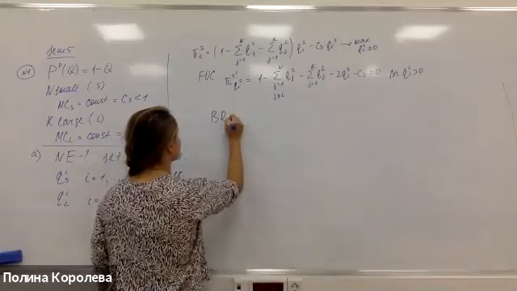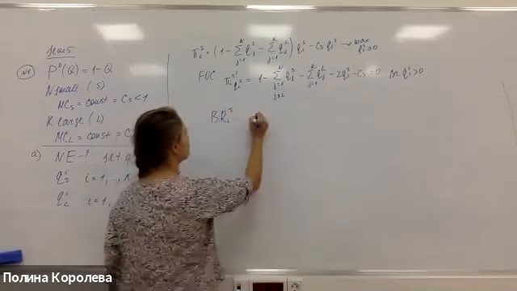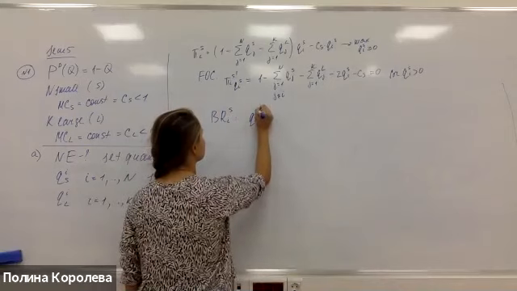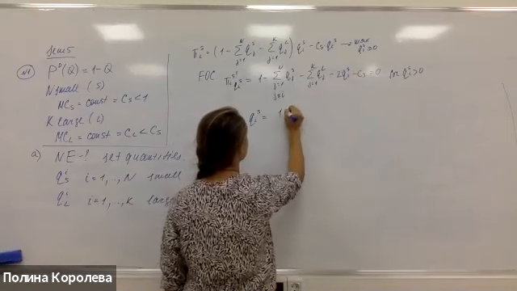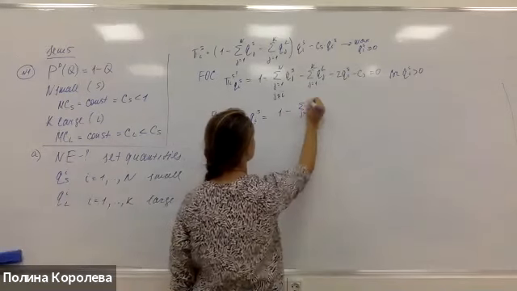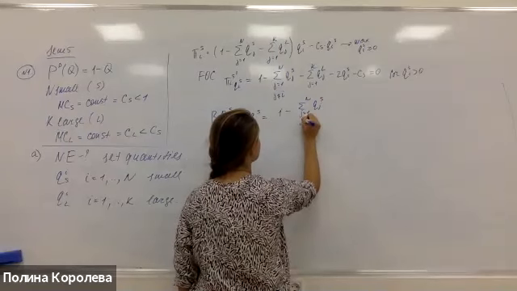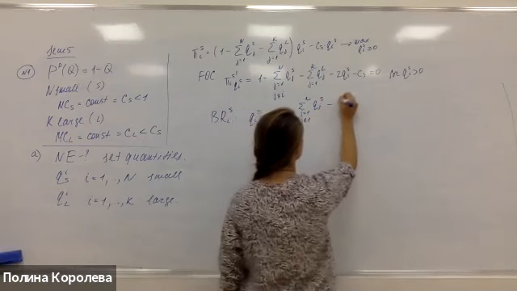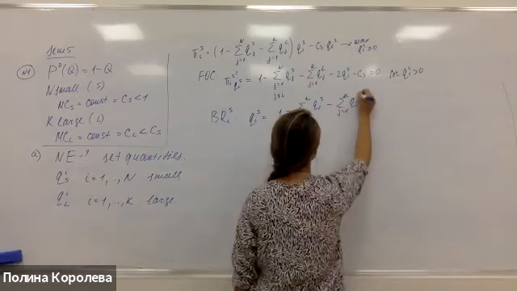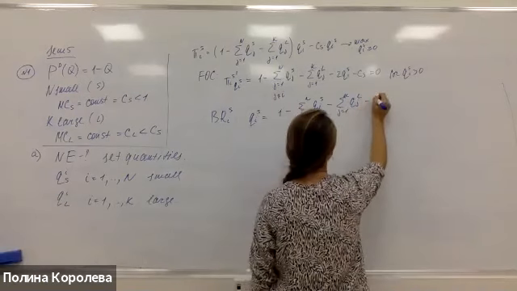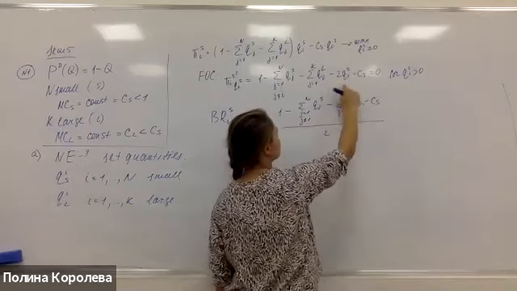The best response function of small firm i is: the quantity of small firm i is equal to, from here, 1 minus the sum from j equal to 1 to n, j not equal to i, of q_jS, minus the sum from j equal to 1 to K of q_jL, minus c_S, all divided by 2. So I take it from here, yes?